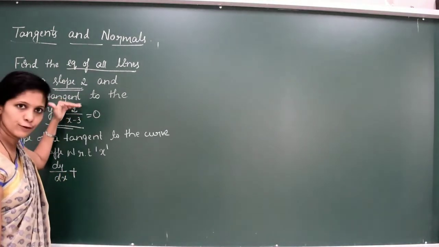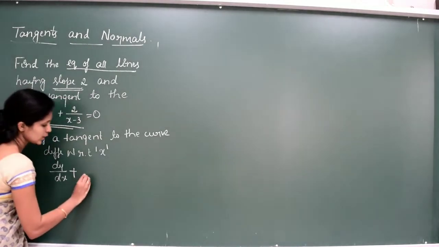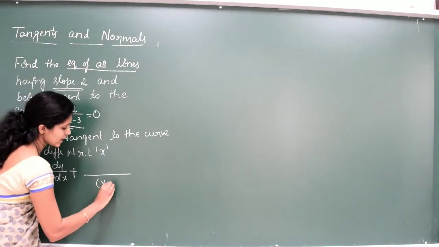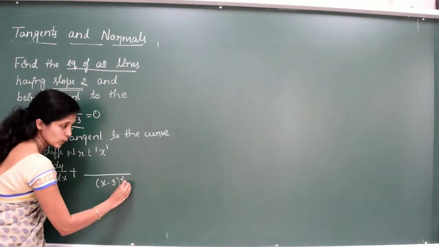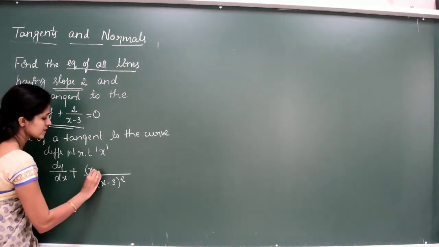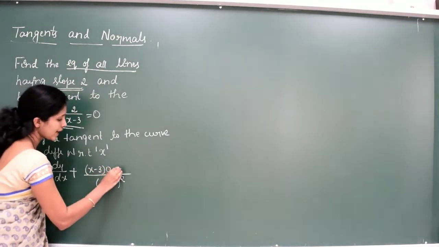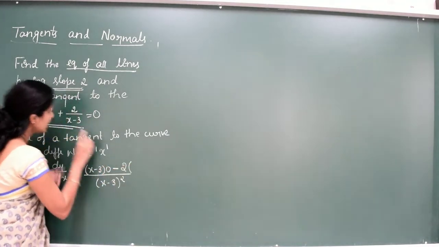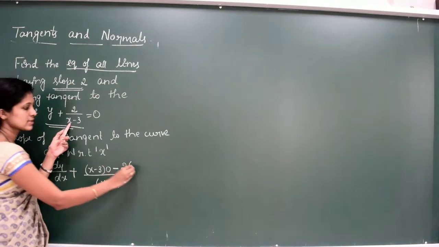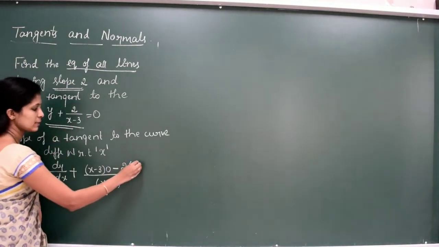It's of the form f of x by g of x. So what we'll do? Denominator is x minus 3 whole square, and now I have to keep x minus 3 as it is, and derivative of 2 will be 0, minus 2 into derivative of x minus 3. Derivative of x is 1 and derivative of 3 will be 0.